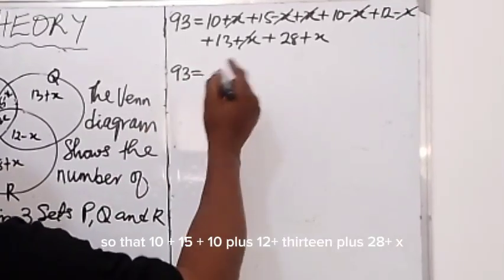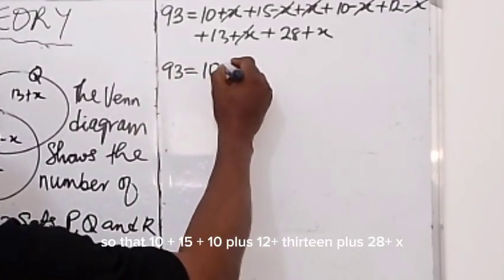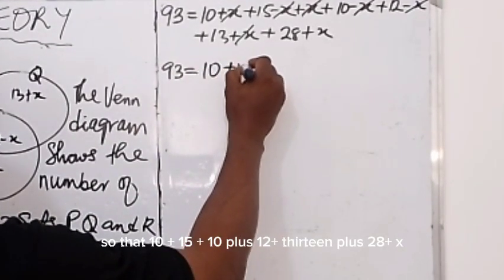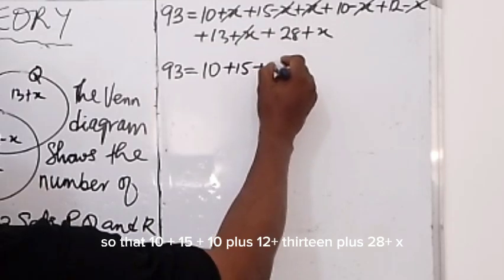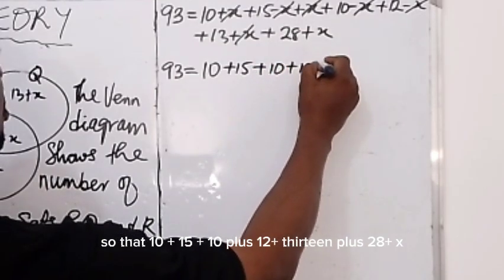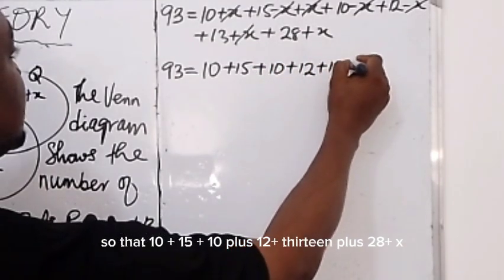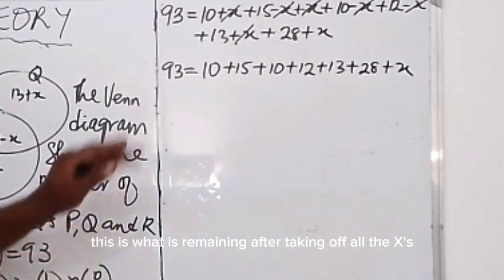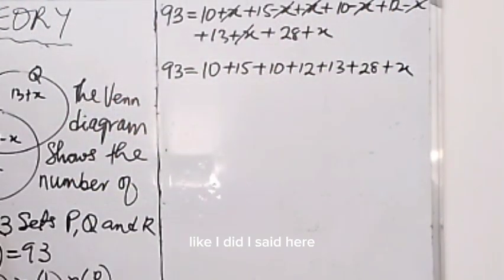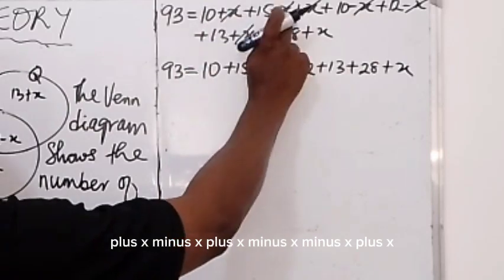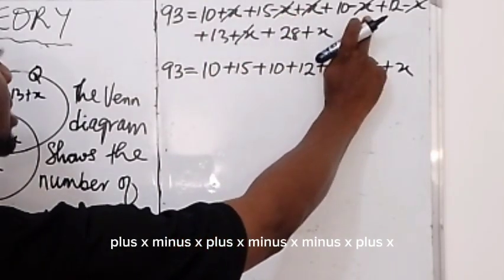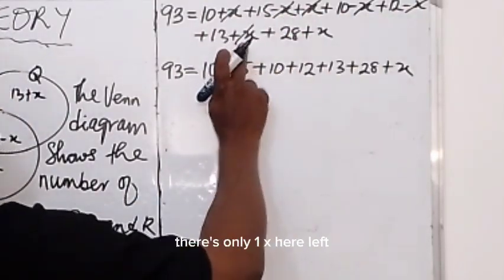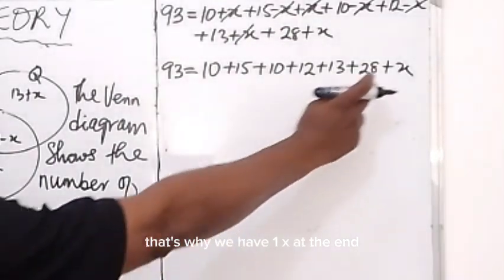So that 10 plus 15 plus 10 plus 12 plus 13 plus 28 plus x. This is what is remaining after taking off all the x's like I did. I said here plus x minus x plus x minus x minus x plus x. There's only one x left. That's why we have one x at the end.